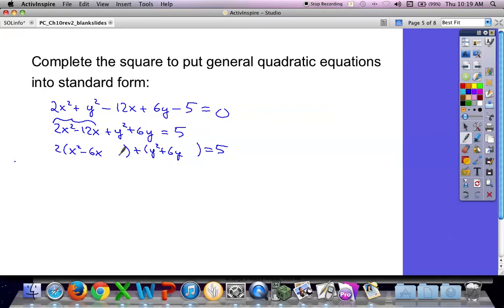How do I figure what number I add here to complete the square? Divide negative 6 by 2, which is negative 3, and you square it, and you get 9, plus 9. Right? That was negative 6 over 2 squared. Okay, what do I add to the other side to make up for putting a 9 there? 18, right?